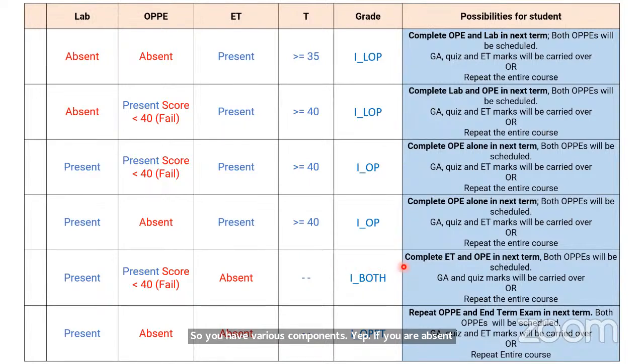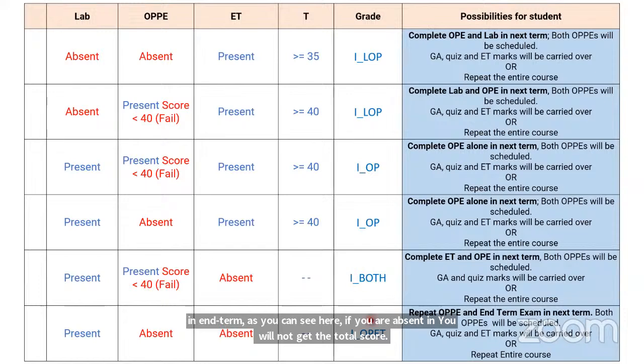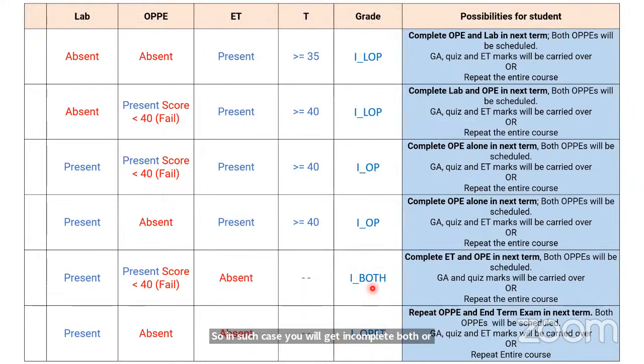In such case, you will get incomplete OPPE and end term, IOPET. The difference between these two is, one is you are absent in the OPPE and another one is you failed in OPPE. So hope this is clear.